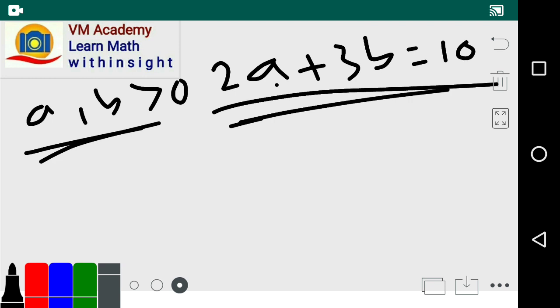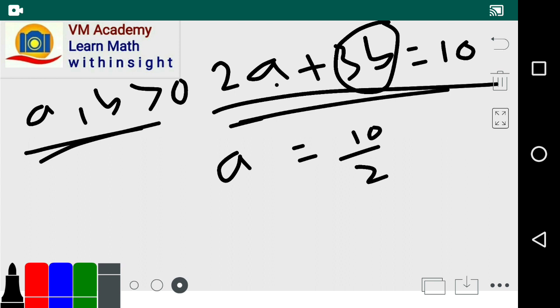So the a value can be maximum, if we consider b as 0, then a's maximum value becomes 10 by 2, that is 5. So a cannot be greater than 5, friends. A must be less than or equal to 5.